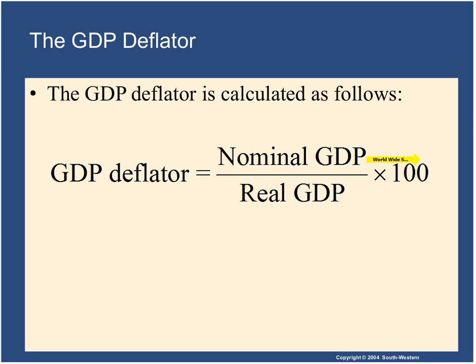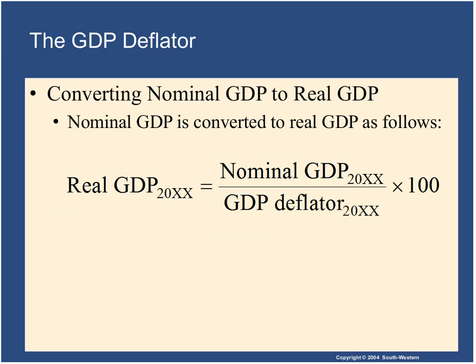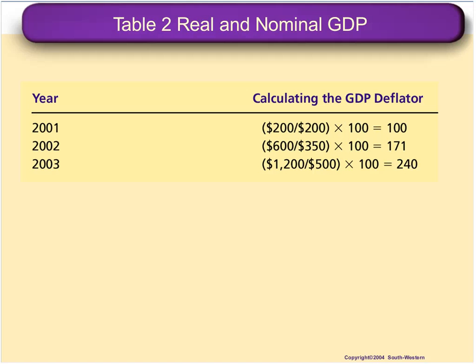So you can see this is how we calculate it based on different years. In 2001, the nominal GDP was 200, real GDP also 200. Multiply by 100, you get 100%. So the GDP deflator is 100% or 1. In 2002, nominal GDP 600, real GDP 350.